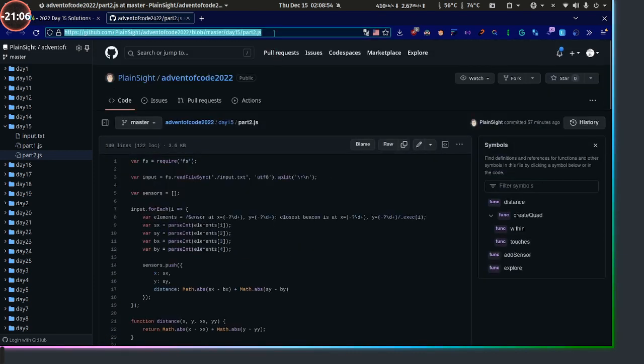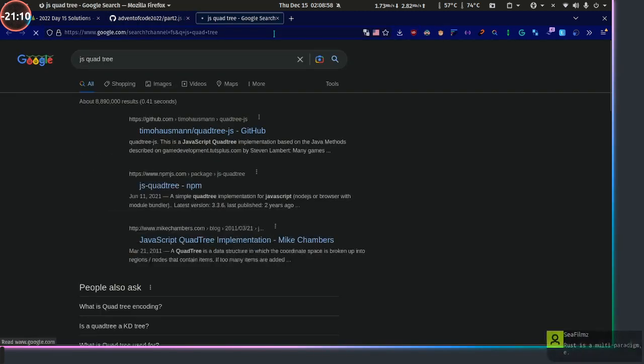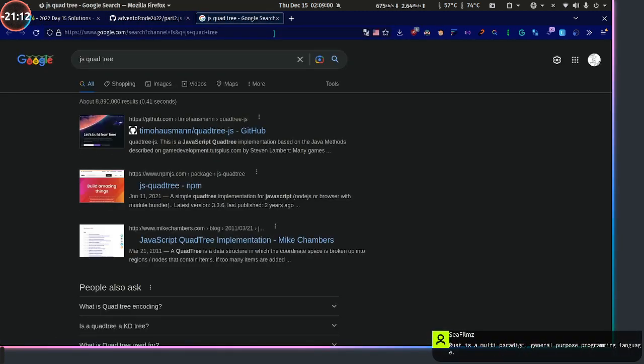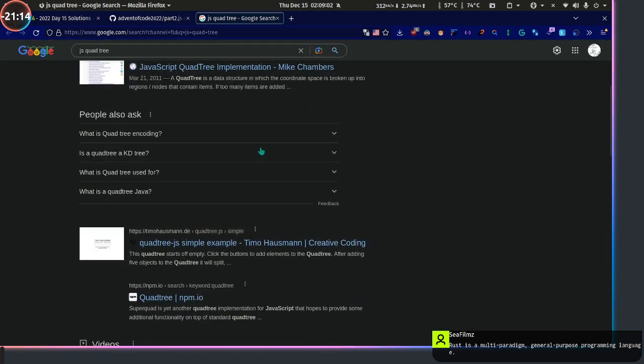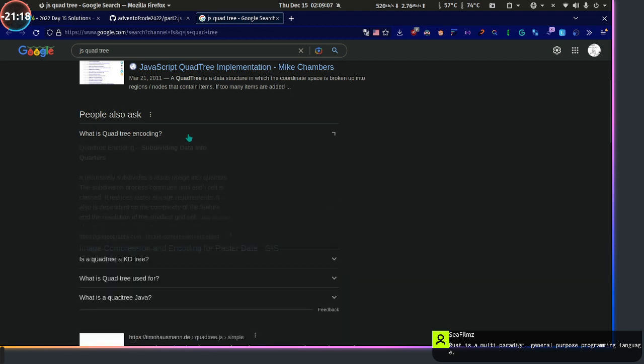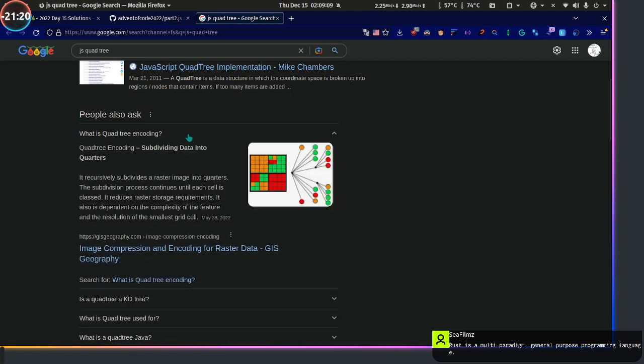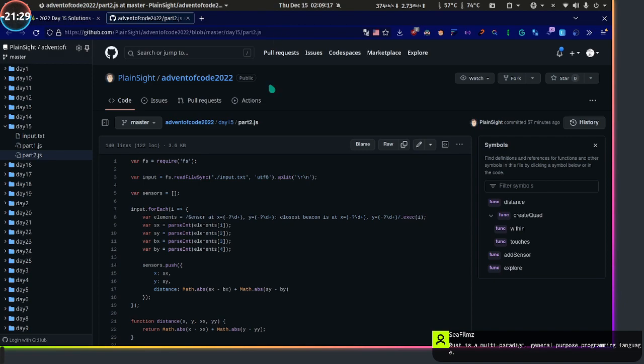Is quad tree a thing? I don't remember quad trees. Quad tree implementation. Does it just mean like a binary tree with 4 children? You're not wrong, C Films. Subdividing data into quarters. Okay, wow, that's an algorithm I have never heard of.